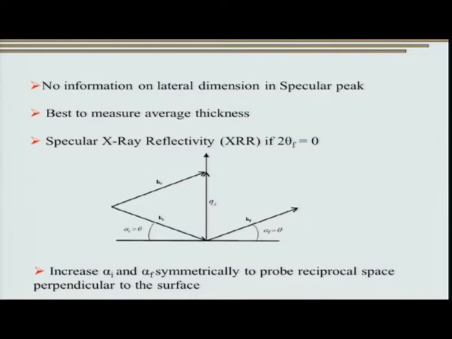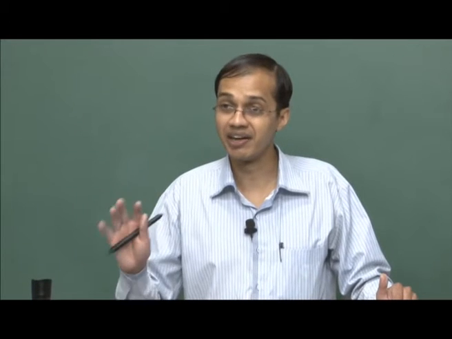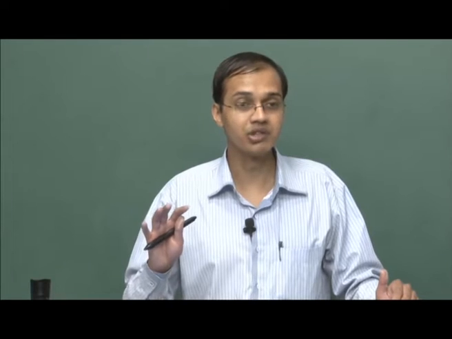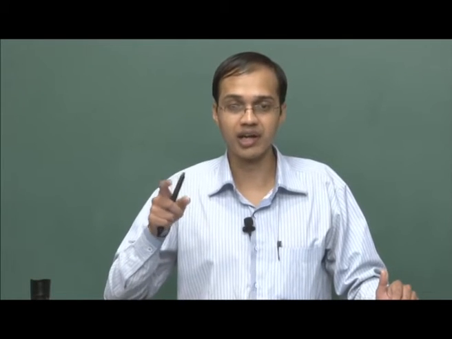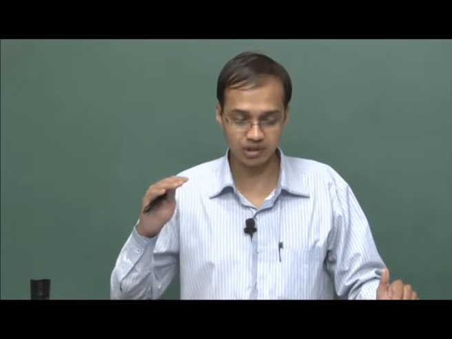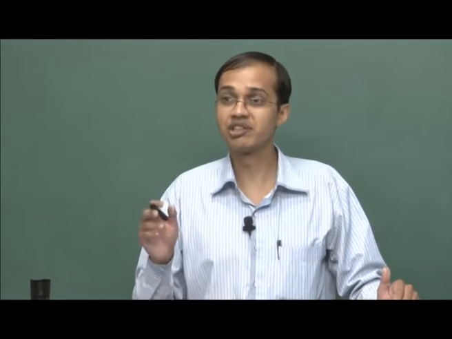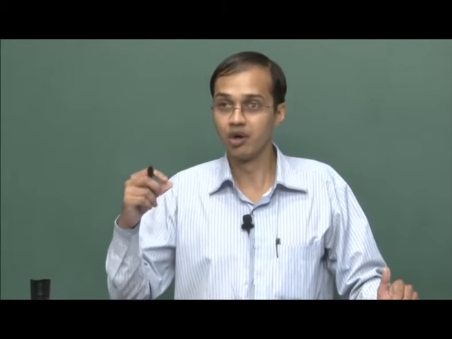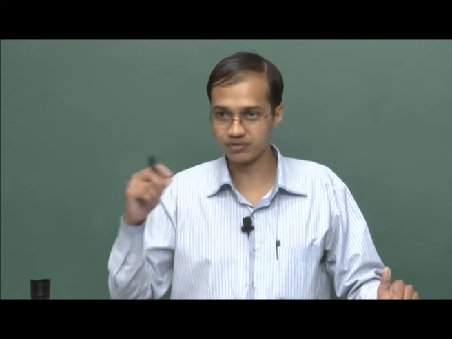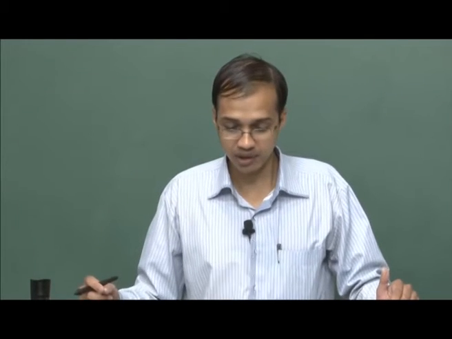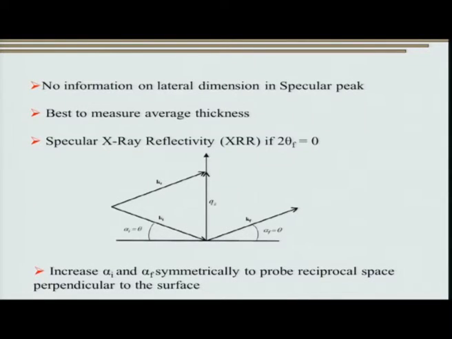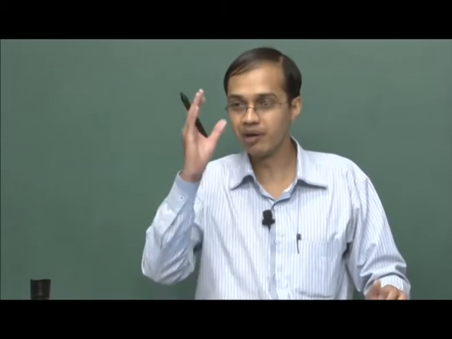So, in the specular peak there is no information on the lateral surface, there is only information along the direction perpendicular to the plane of the substrate, and it is best to measure the average thickness of all the particles or the average thickness of the film that we have, and this gives rise to a technique known as X-ray reflectivity.